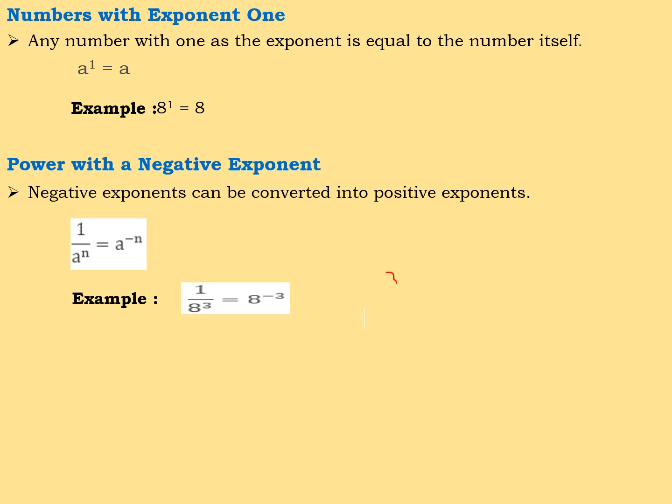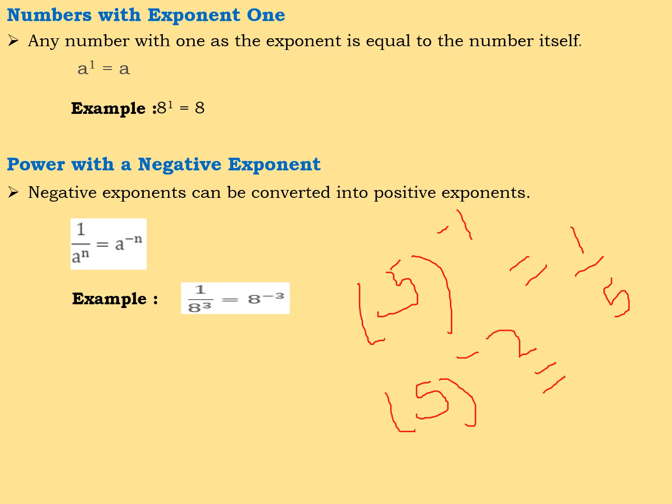So if I write 5 to the power minus 1, it actually means 1 by 5. If it is 5 to the power minus 2, it is actually 1 by 5 to the power 2. Clear? Negative power means you have to invert the number. Here it is just an integer, so I have written 5 as 1 by 5.